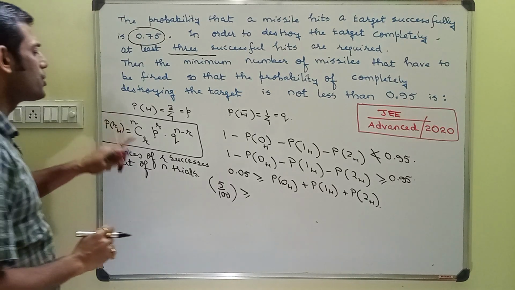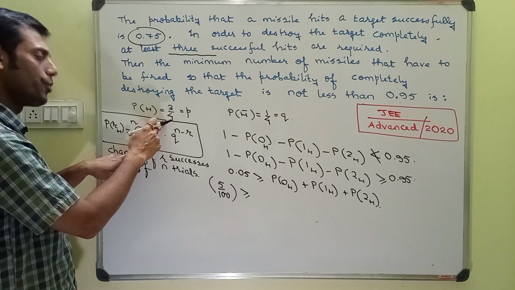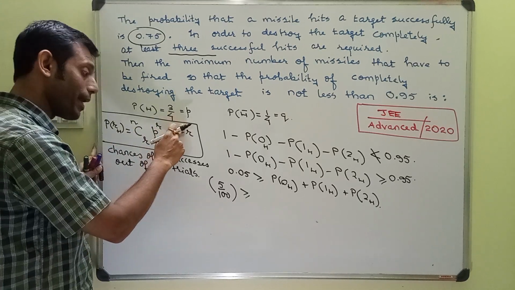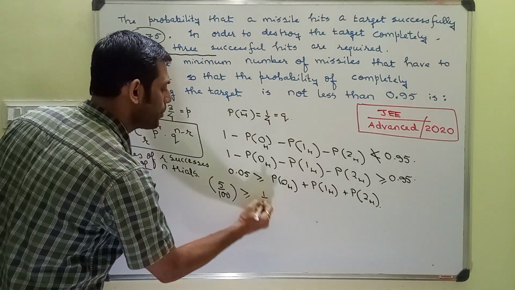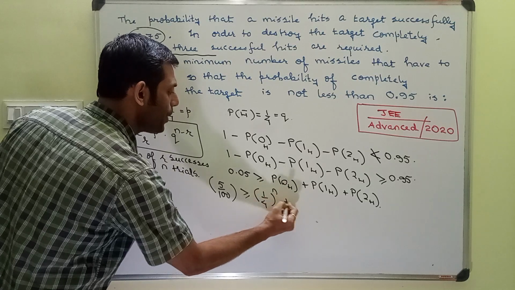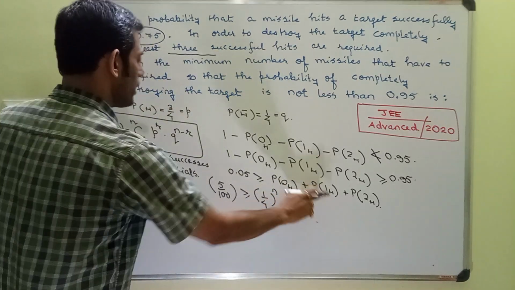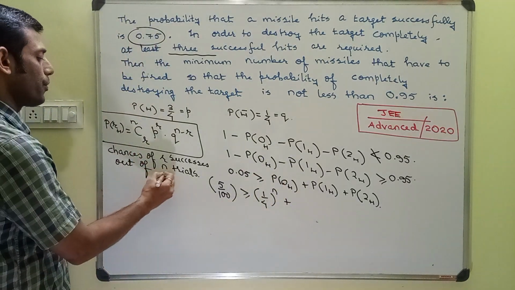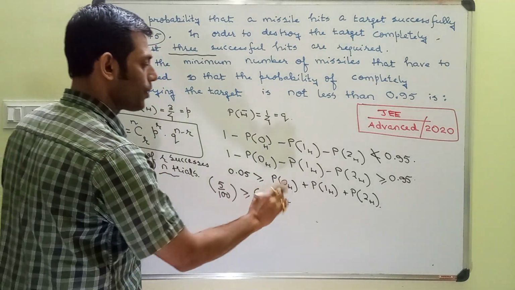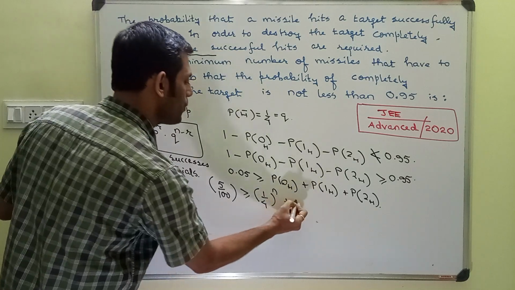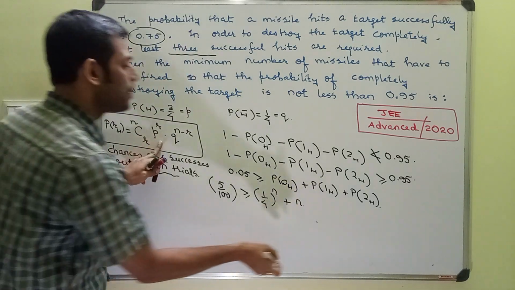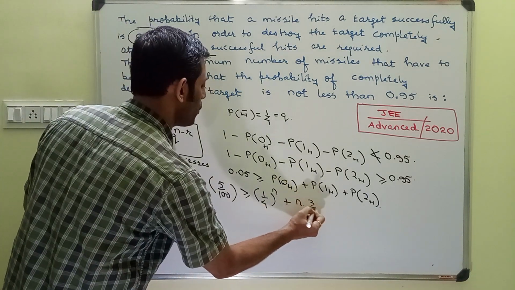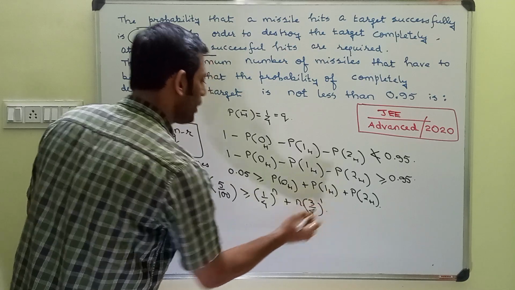0H means nC0, which is 1, P power 0, which is 1, Q to the power n. Q to the power n means 1 by 4 whole power n, plus, now 1 missile on target, therefore nC1. Out of n trials, we are having only 1 success. That means nC1 is n, P power 1, that means 3/4 to the power 1.